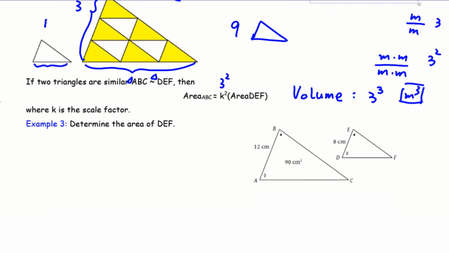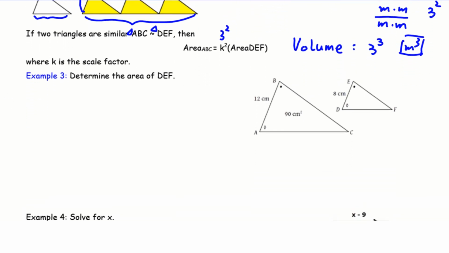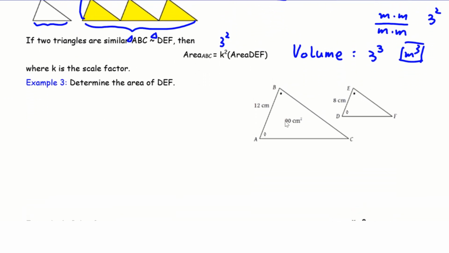So we are going to see how we can use this property to solve for the unknown area of 2 similar triangles. In this one, the dot represents that these 2 angles are equal, and these 2 symbols represent that they are the same, so the 2 angles are equal. So we have triangle ABC is similar to triangle DEF.